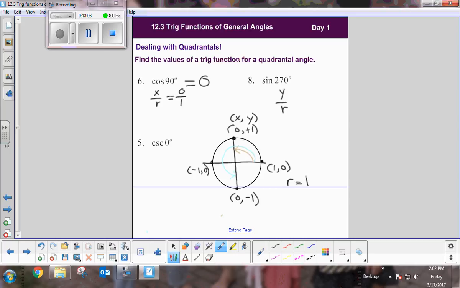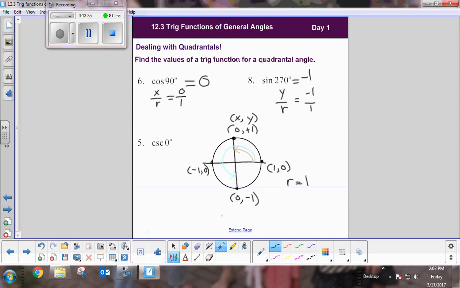Okay, so that's at 270 degrees. What point on the circle does that hit? 0, negative 1. So what is the sine of 270? What's y? And r is always 1, right? So that's negative 1.